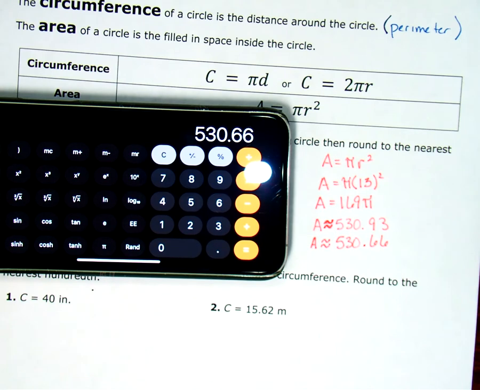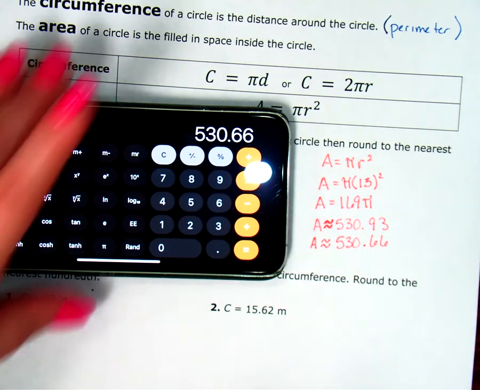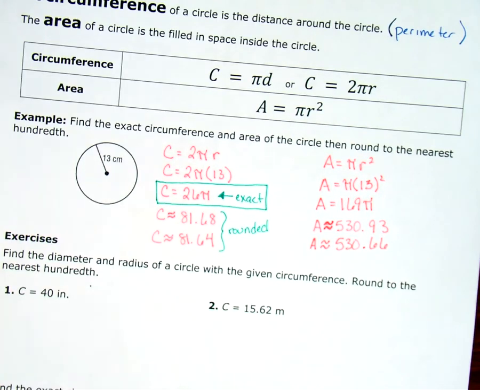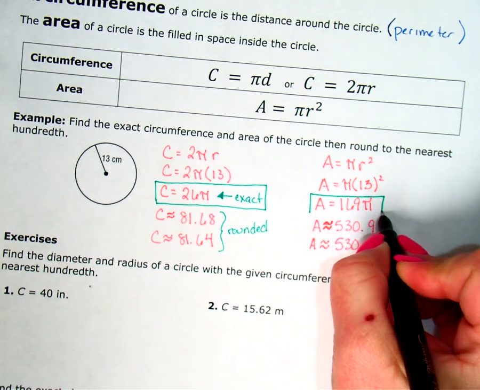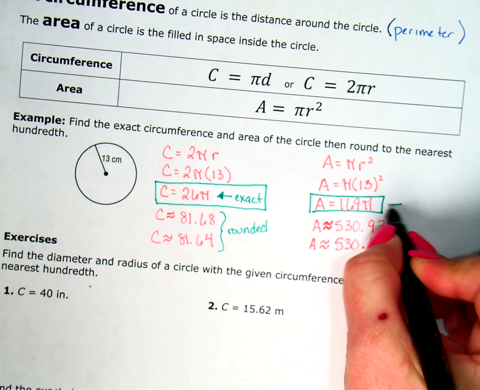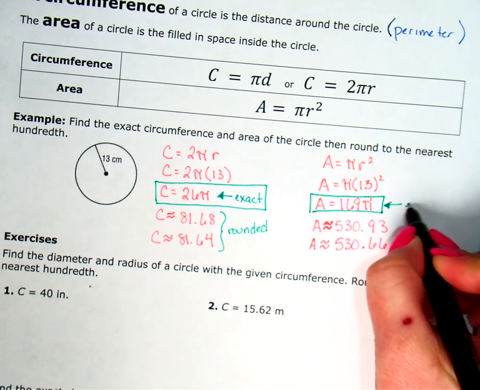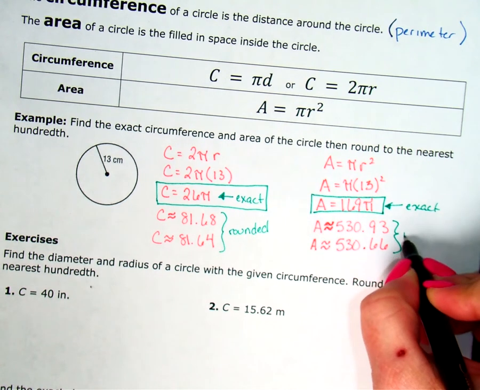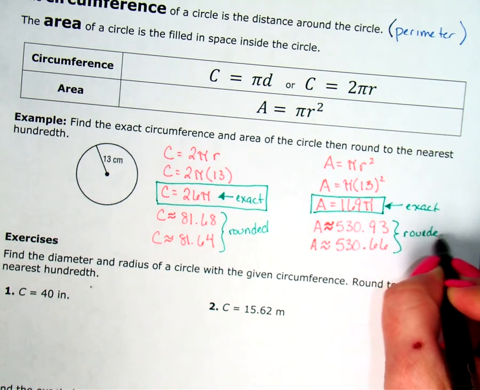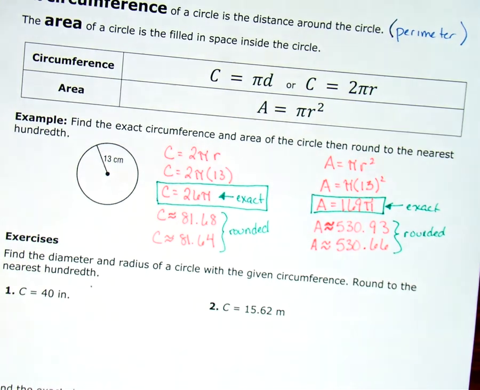That 3.14, when you multiply by a rounded number, you get even more rounded. Okay, so that's why these two are different. My exact answer is the one that still has the pi attached. This one is exact. And these are both correct. They are both rounded. Okay?